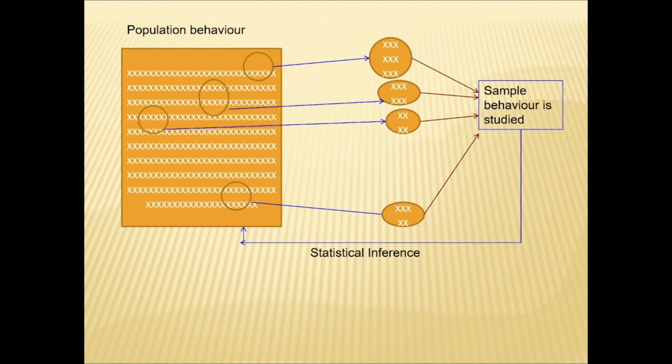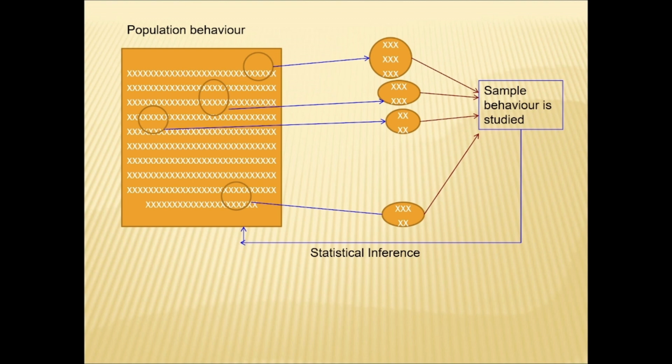So we are studying the sample behavior and, using statistical tools and techniques, we are trying to infer about the sample, as well as to know whether the sample characteristics and behavior are acceptable for the population or otherwise.